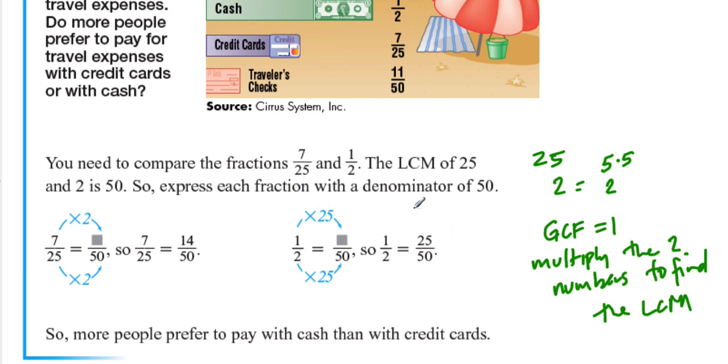If you have two numbers whose GCF is 1, simply multiply them to get the LCM. For example, 2 and 3. You know their GCF is 1 because they don't have any other common factor but 1. So all you need to do is multiply both of them, and the LCM will be 6. That is provided that the GCF of both numbers is equal to 1.